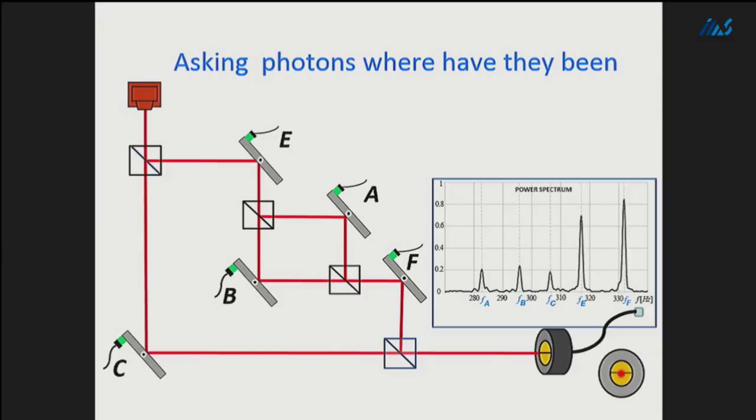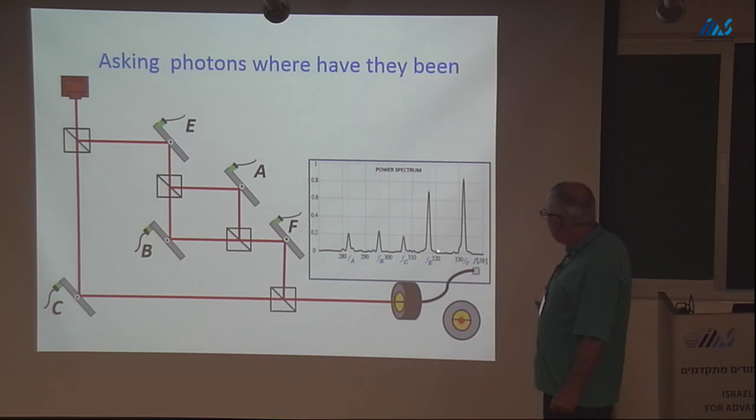Now, when I wiggle this mirror, I see that the photons were here. I also arranged that 1/3 of the intensity was here and 2/3 was here. So we saw these big signals, at these two frequencies. This is 2/3 of the amplitude, or maybe 2/3 of the photons come here.